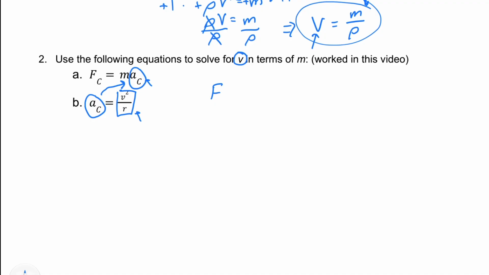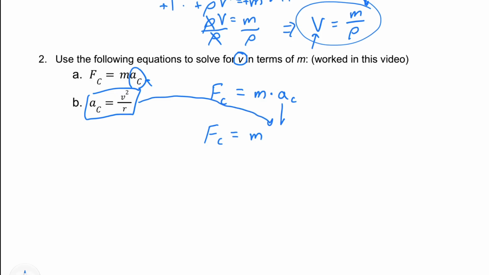We've got f sub c equals m times a sub c, and I'm going to rewrite this as f sub c equals m times, and since a sub c equals v squared over r, I can substitute that in for a sub c.